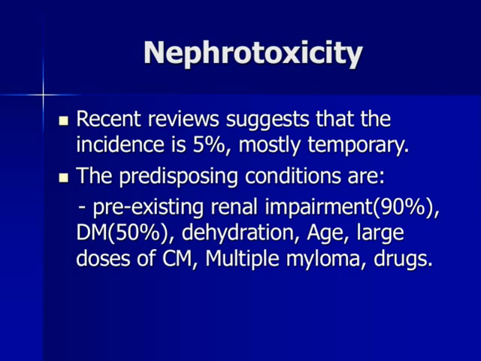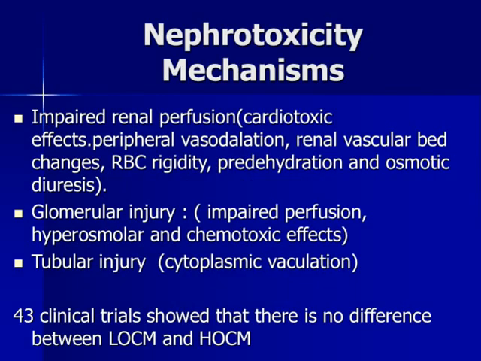However, in angiography, we can go up to 5 cc per second, to make a very good angiographic opacification of the vessel. A very large bolus dose at a fast injection rate can predispose to renal abnormality. Multiple myeloma is also a predisposing factor, and some drugs.